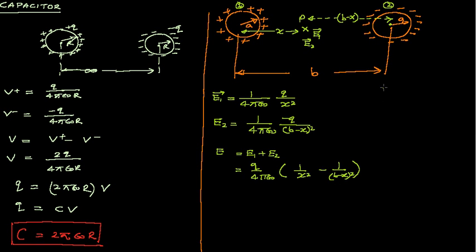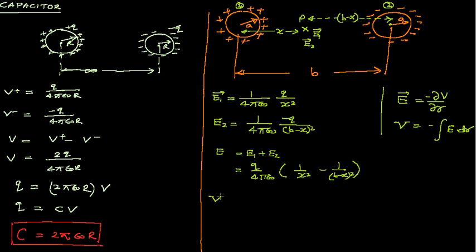Now you know this formula. Electric field at any point will be minus partial differentiation of V with respect to r. If you want to calculate the total V, you have to integrate minus E dr. I'll apply the same formula over here.